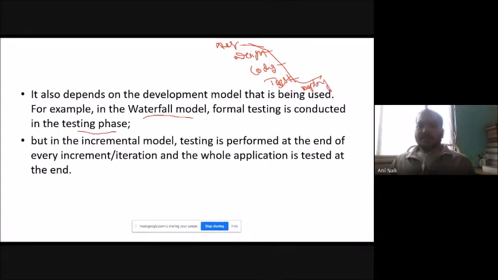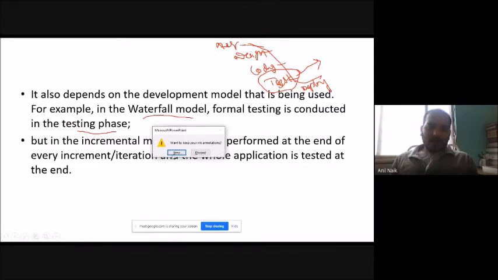Whenever the testing phase comes, only then do we do the testing. So that is one of the drawbacks of the waterfall model: we do the testing at one particular phase.